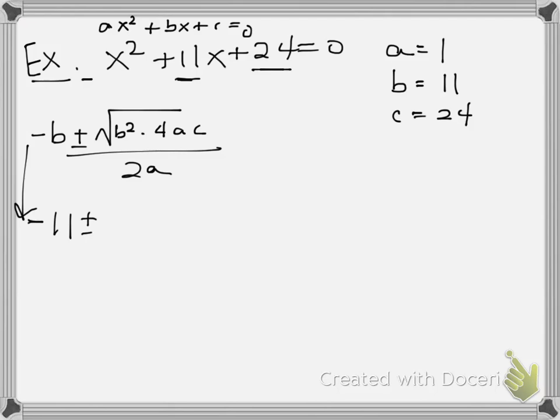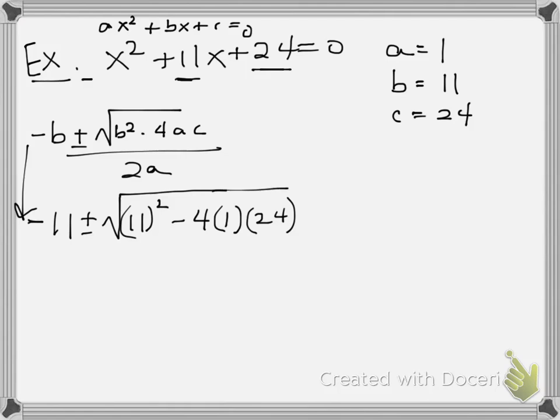Plus or minus the square root of b squared, which is 11 squared, minus 4 times the a value, which is 1, times the c value, which is 24, over 2 times the a value, which is 1. And now all I have to do is simply work and simplify.